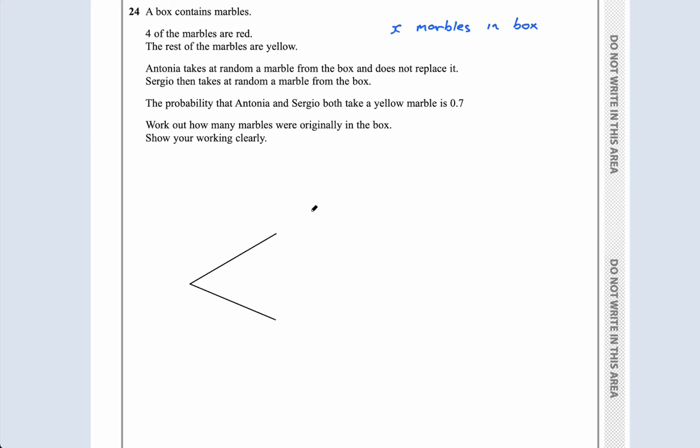So red and yellow. Obviously, guys, you don't need the colors. Red and yellow. And then Sergio is going to take a marble. And Sergio can take a red or yellow. Red, red, yellow, yellow.